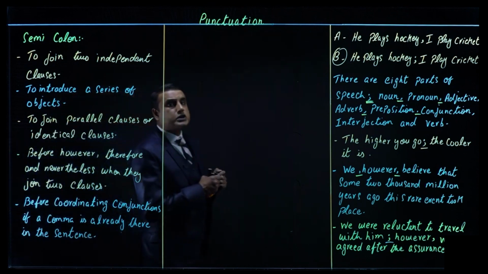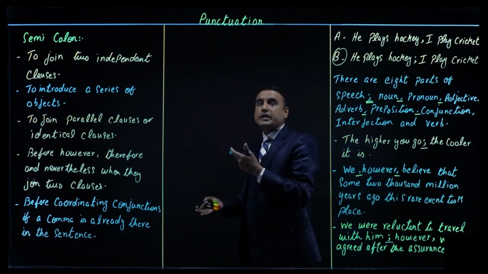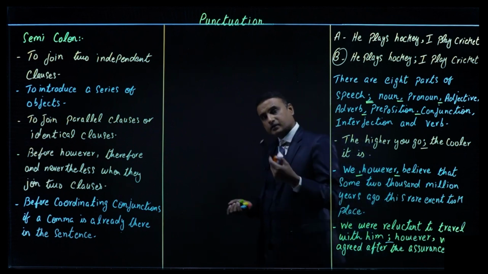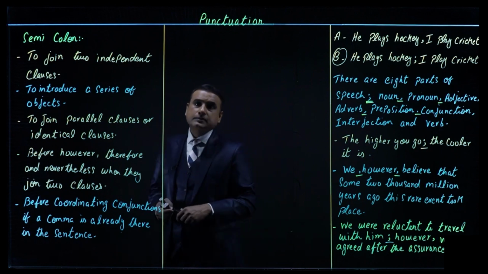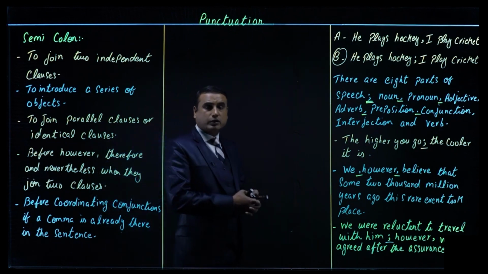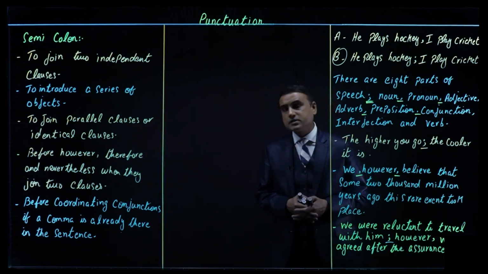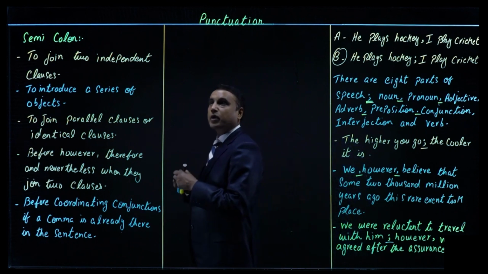If we've already used a comma in a sentence, then we will not repeat it. In the next chunk of the sentence, if we want to join these two clauses, the coordinating clauses will actually use the semicolon.